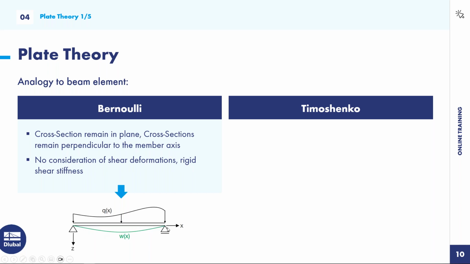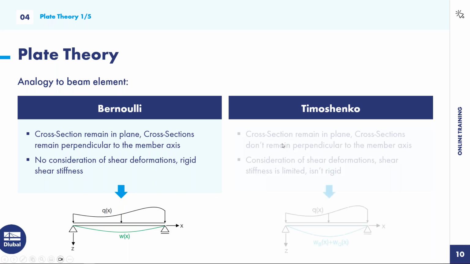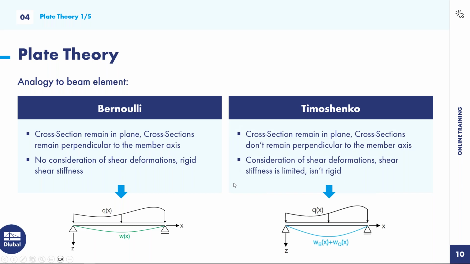So this is what we all consider when we do hand calculation due to some table books. And the Timoshenko beam also considers the shear stiffness, which means with every shear load on the beam, you get additional deformations which are neglected in the Bernoulli beam.